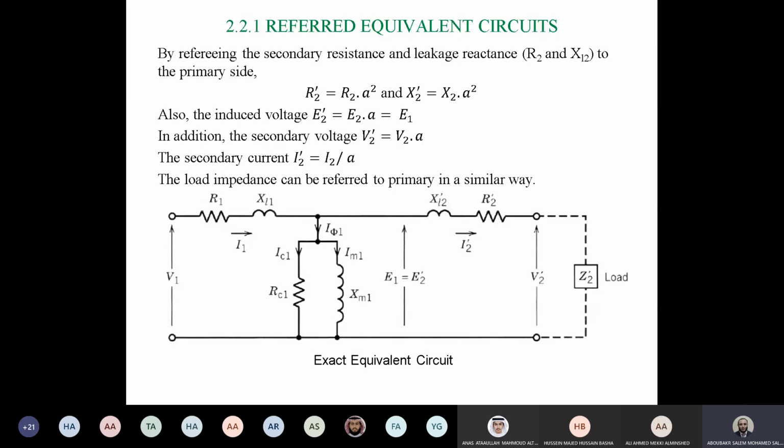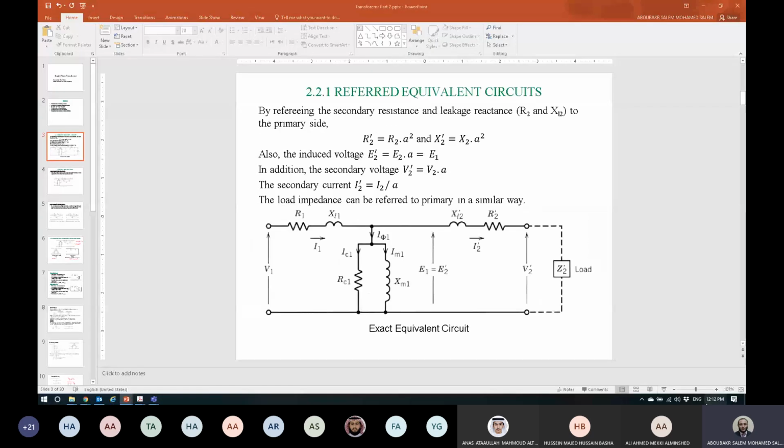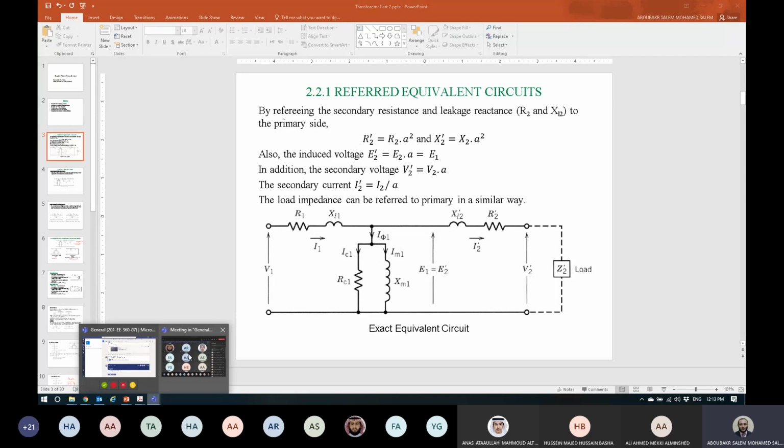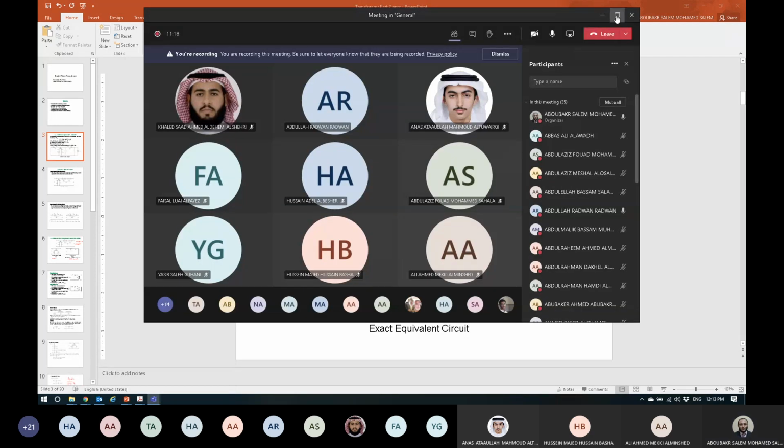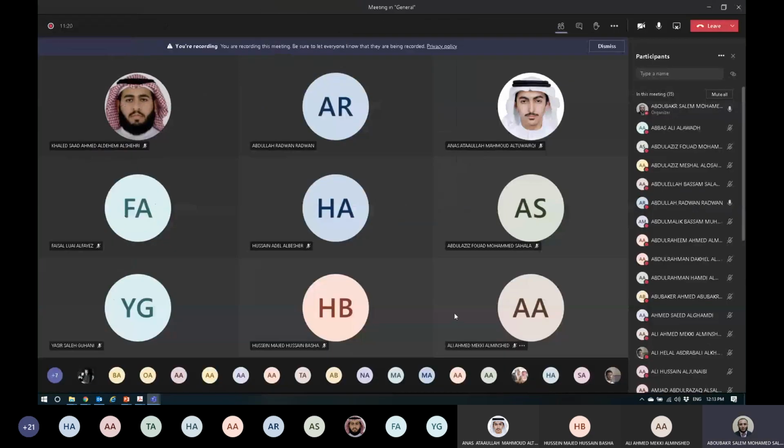Simply, let's make a small example. If we have an impedance and we would like to test or know the value of this impedance, what can we do? Guys, if we have an impedance in a box and we need to identify its value, what can we do?